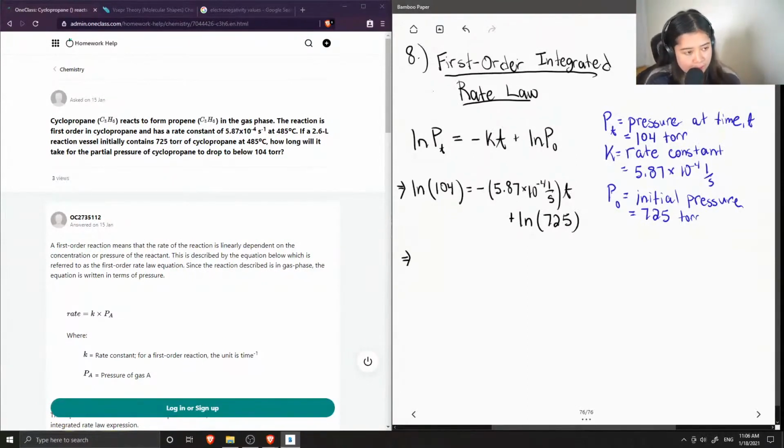Okay, so now let's try to simplify this. When we take the ln of 104, you get around 4.64. Negative 5.87 times 10 to the negative 4. And when you do ln of 725, it's around 6.586.